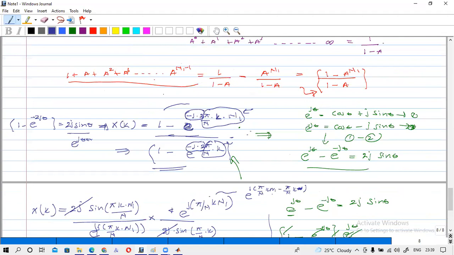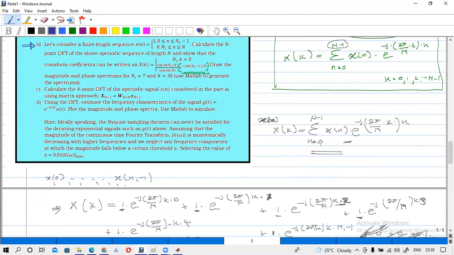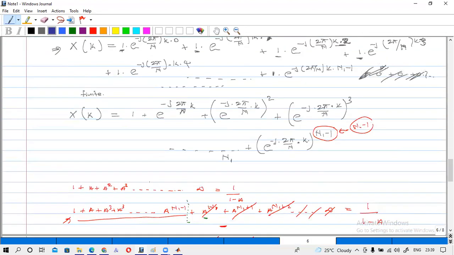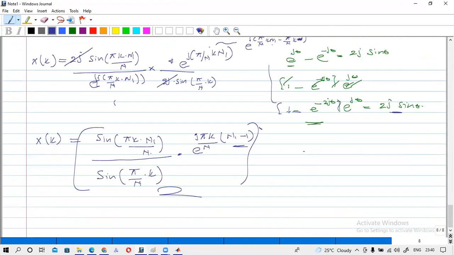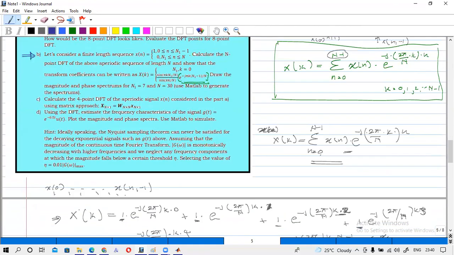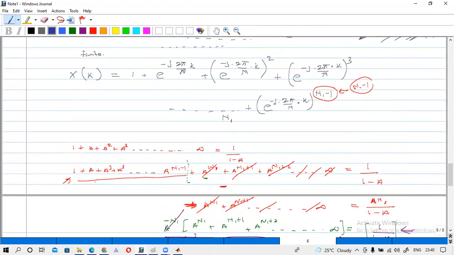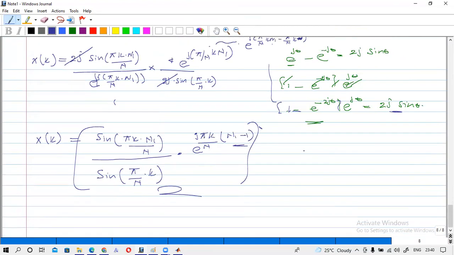I think the answer is sine 5k n1 n divided by sine 5k n, and it is e to the power j 5k n, n1 minus 1.